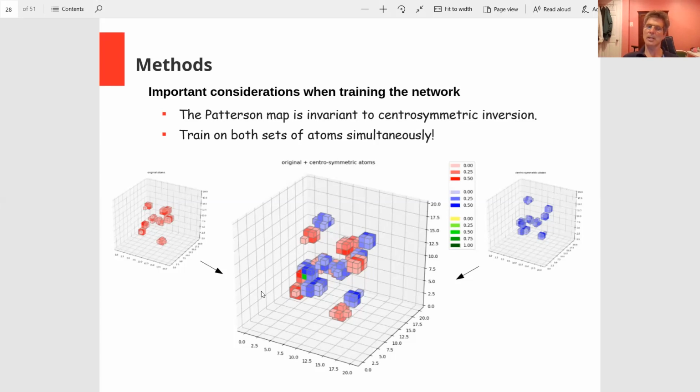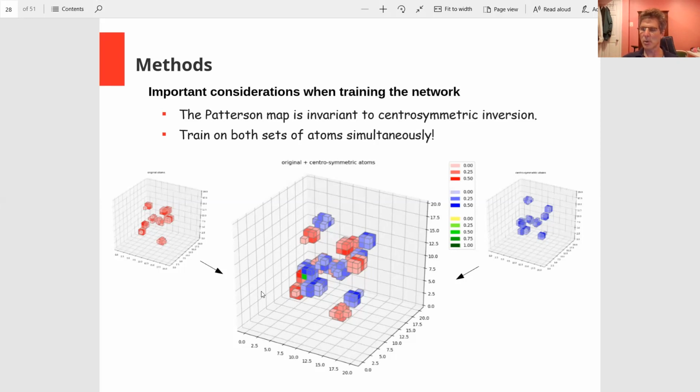Not only that, I don't know how to divide it up into two unique sets. I don't know where the dividing line is. And so those two sets of atoms have to become untangled.